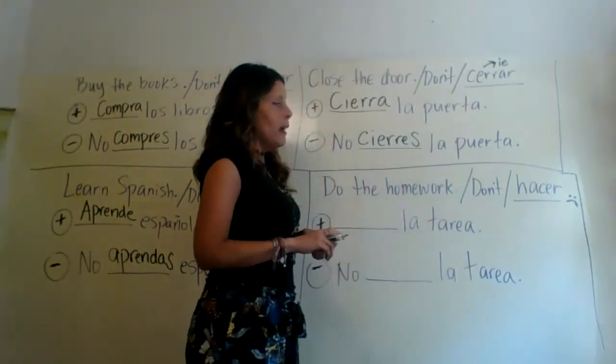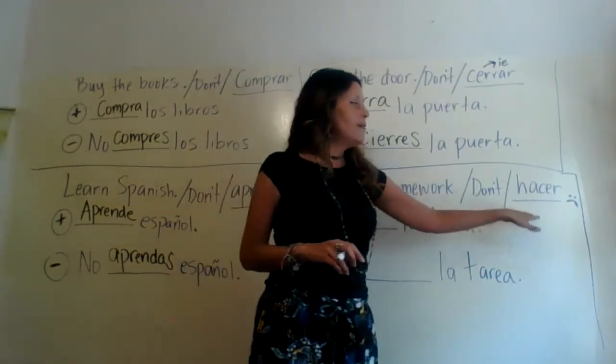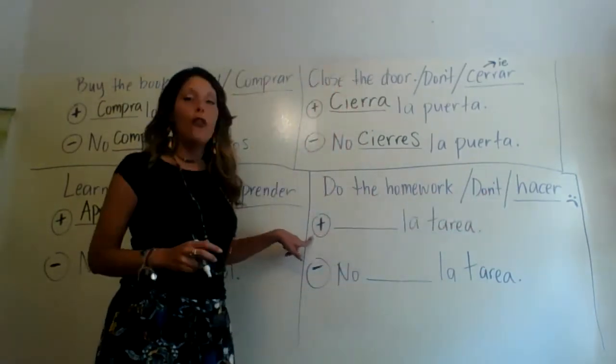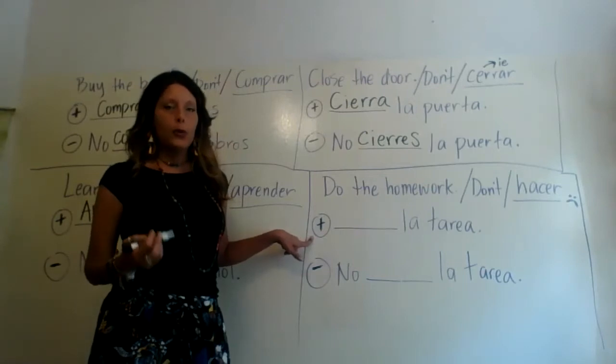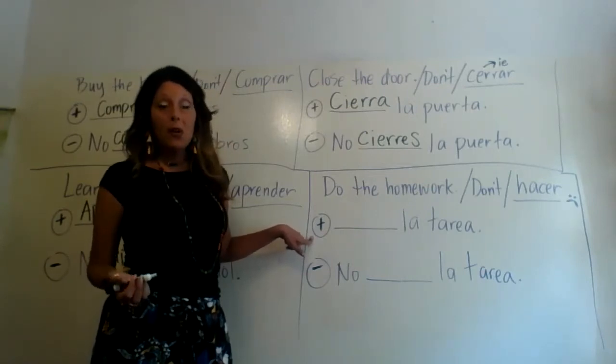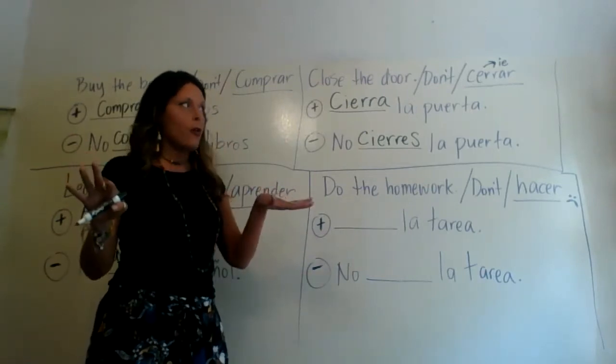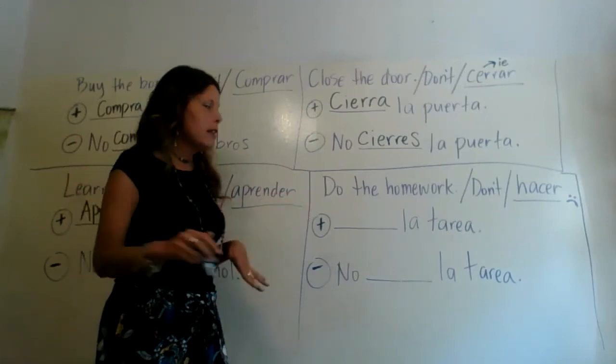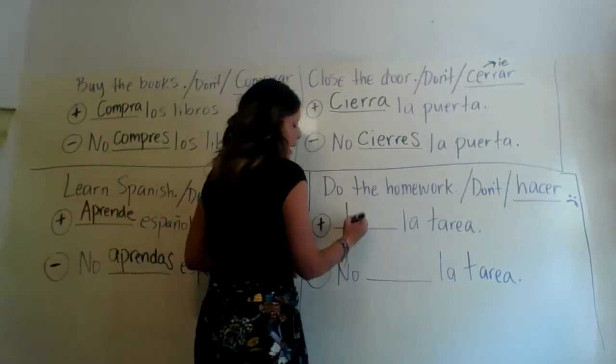So the verb hacer in its affirmative for informal tú commands just has to be memorized. We can't go through any steps. We have no options other than just to memorize it. And it is this.